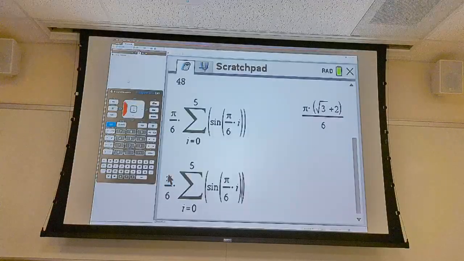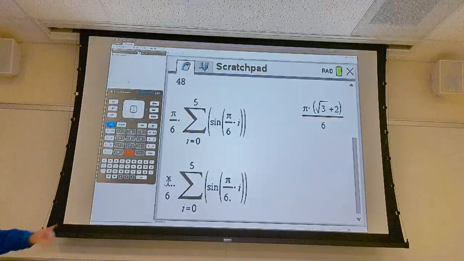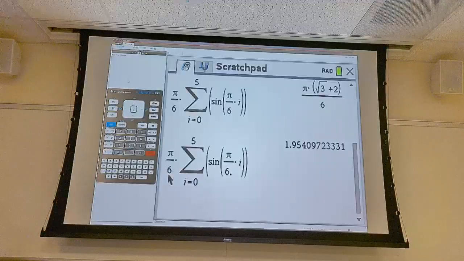So if I just put a decimal after that 6, or I could also do it after the first 6, or after a pi, whatever. Just put a decimal somewhere. Now I get my approximation. There's the approximation. So let's say that is 1.9, let's just call it 1.95.